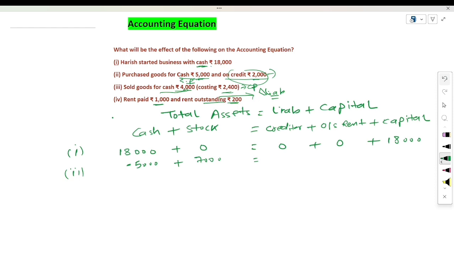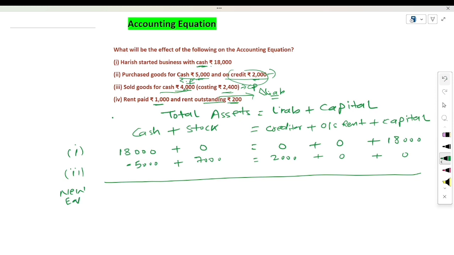Here 2,000, the creditors value will be increased by 2,000 because in future he will pay the amount of 2,000. Capital, here there will be no impact on capital. Now what will be the new equation? The new equation will be here 18,000 minus 5,000 means 13,000 plus 7,000 stock value is equal to 2,000 creditors plus outstanding rent nothing plus capital will be as it is, 18,000.